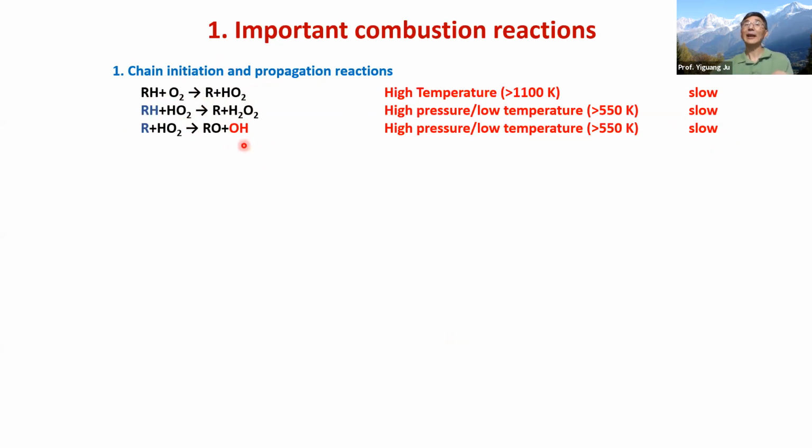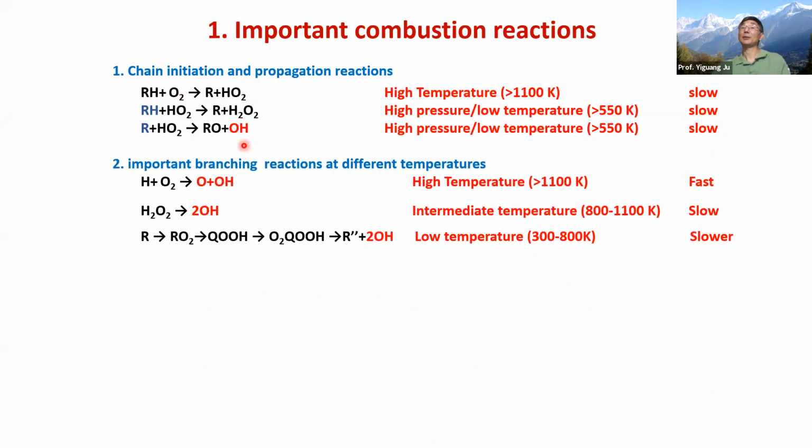And then after the initiation, chain branching takes over. At high temperature, 1100 Kelvin, the H plus O2 reaction is dominant. It is very fast. If this reaction is controlling, then plasma has little chance. If this other reaction is controlling, plasma has a great opportunity.